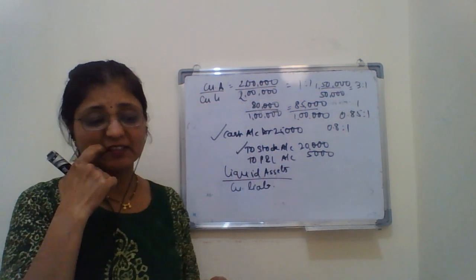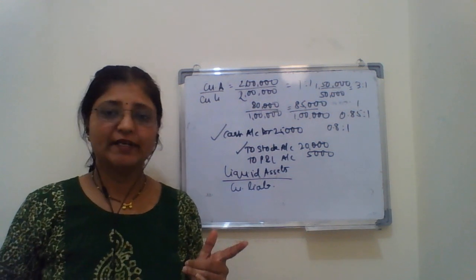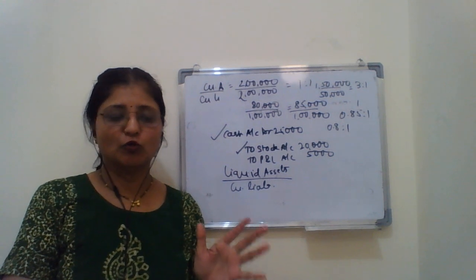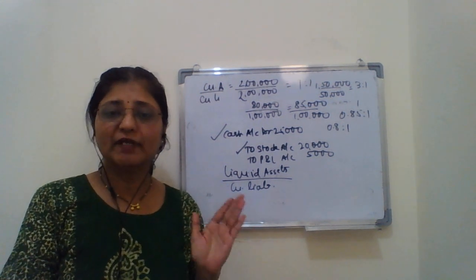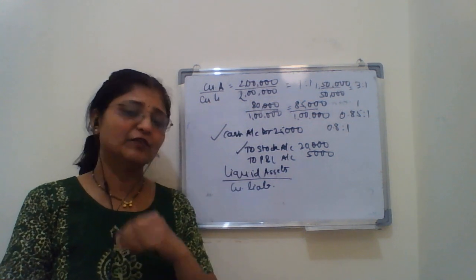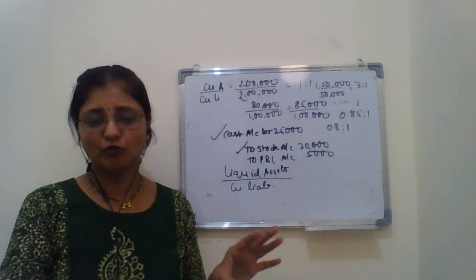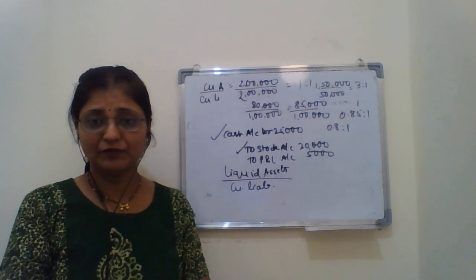Current liabilities is the same as we discussed previously. Liquid assets are same as current assets but excluding inventories. In current assets we used to take inventories excluding loose tools and spare parts, but in liquid assets we will not at all take inventories. So not loose tools, spare parts, nothing, no inventories will be taken.